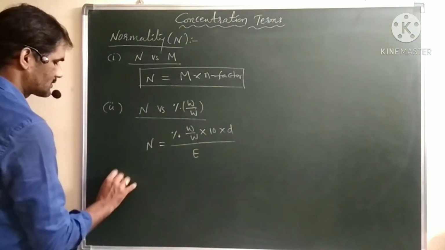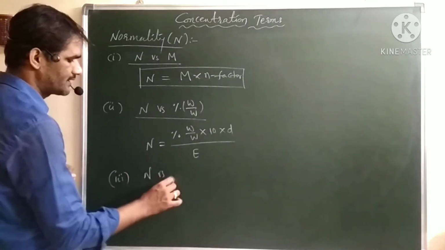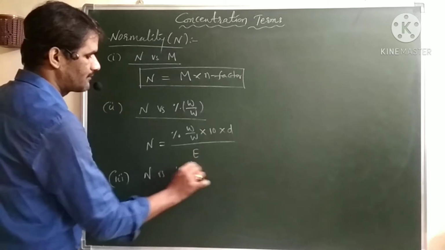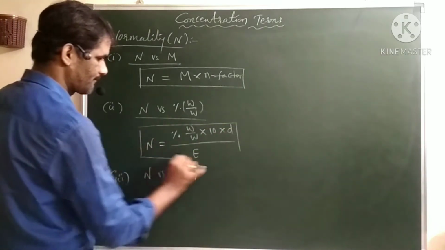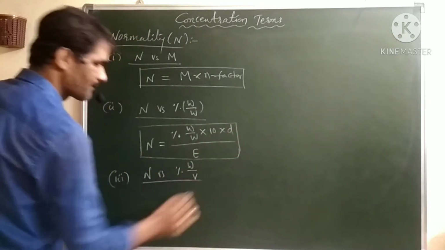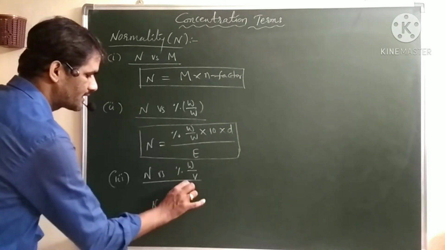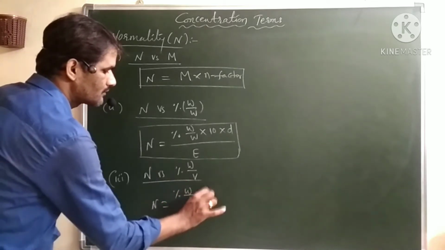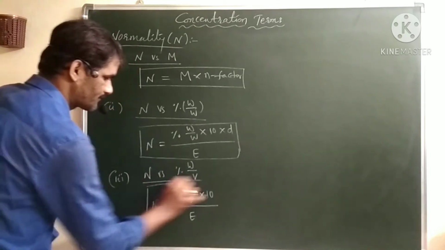And next the third interrelation, normality versus percentage weight by volume. Again normality equals percentage weight by volume into 10 by equivalent weight of the solute.